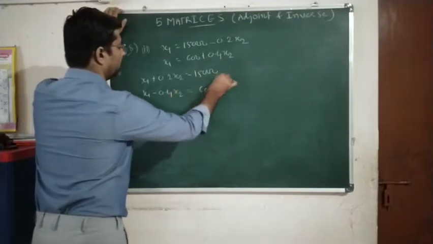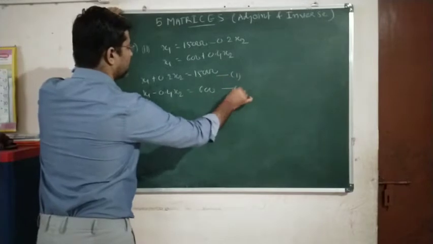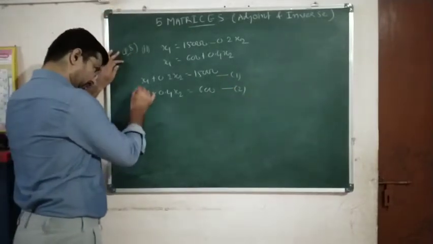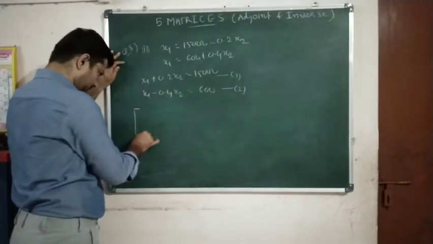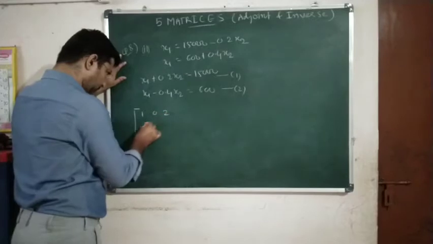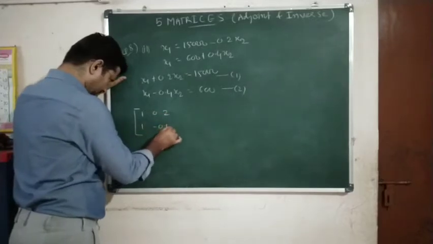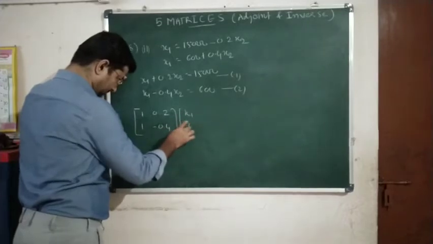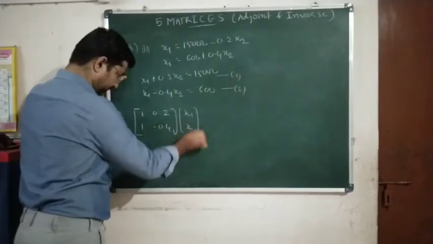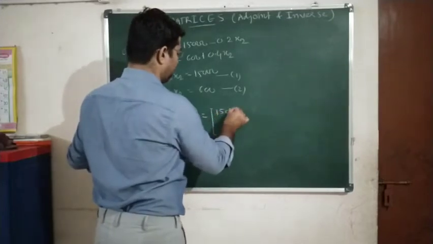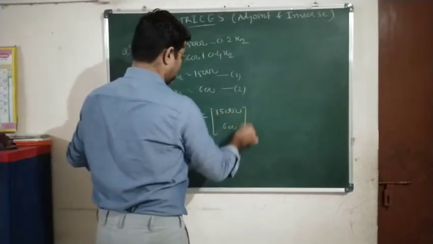Okay, in this form we can write the two equations, and now we will write a matrix equation for the given system of equations, that is, the matrix 1 0.2, 1 minus 0.4 times x1, x2 is equal to 15,600.